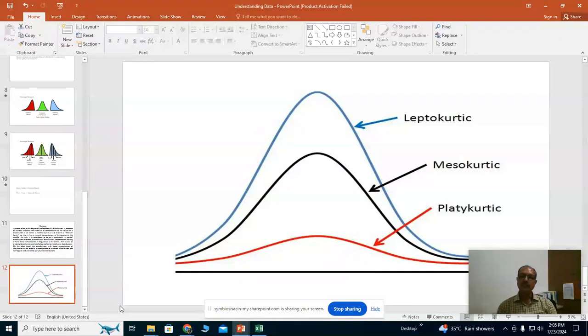If the kurtosis is equal to 3, it is mesokurtic. If the value is more than 3, it is leptokurtic, which means the data is more concentrated towards the mid value, so you can see the peakedness is on the higher side. Platykurtic is the flatter side: if the kurtosis value is lesser than 3, it is platykurtic.